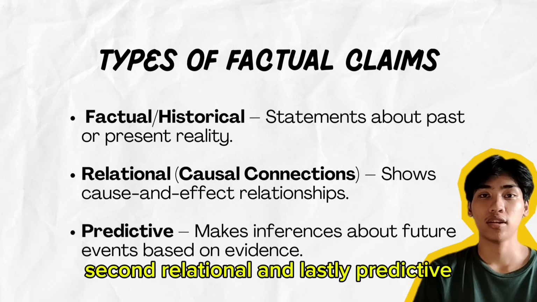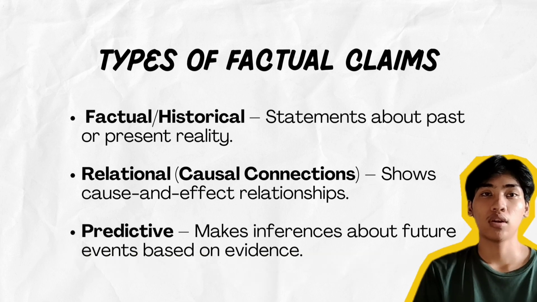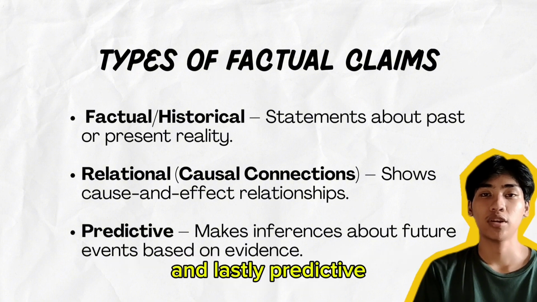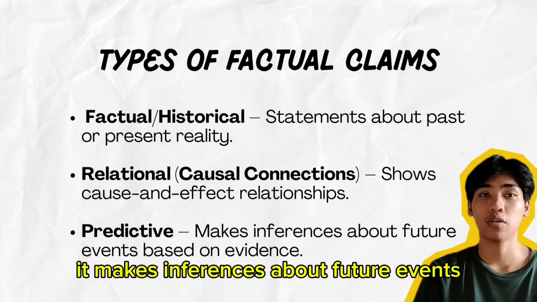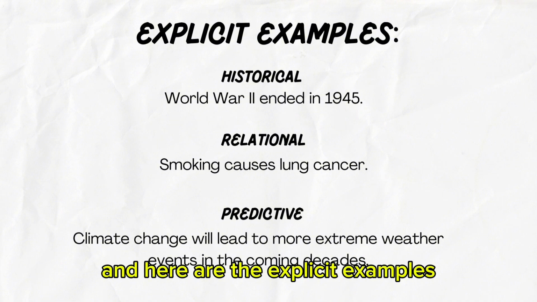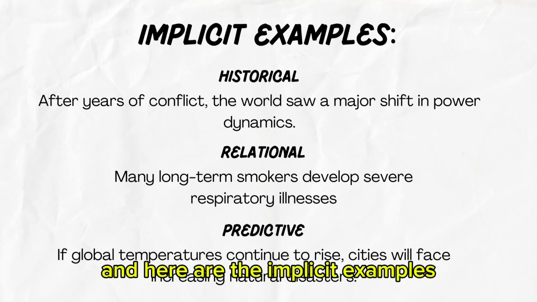Second, relational. And lastly, predictive. Factual are statements about past or present reality, while relational shows cause and effect relationships. And lastly, predictive makes inferences about future events based on evidence. And here are the explicit examples. And here are the implicit examples.